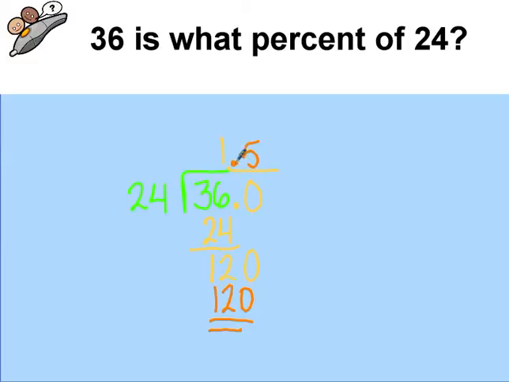So what I need to do is move the decimal 1 place, 2 places, and I get 150%. And that should make sense because let's think about it. What would 100% of 24 be? 24, right? If you have a 24 question quiz and you get 100%, you got 24 right. So this is more than that. This is saying you actually got like 36 right. So yeah, you're well over 100%.